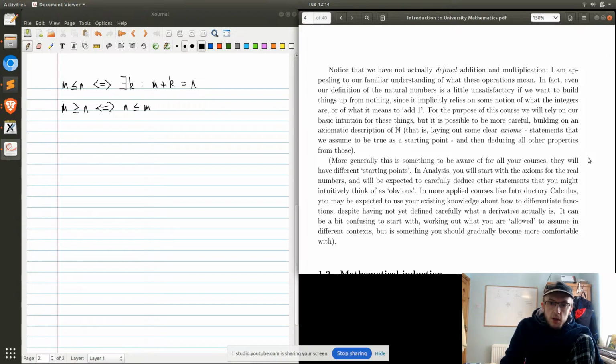In more applied courses like introductory calculus, you may be expected to use your existing knowledge about how to differentiate functions despite having not yet defined carefully what a derivative actually is. It can be a bit confusing to start with, working out what you are quote-unquote allowed to assume in different contexts, but it is something you should gradually become more comfortable with.